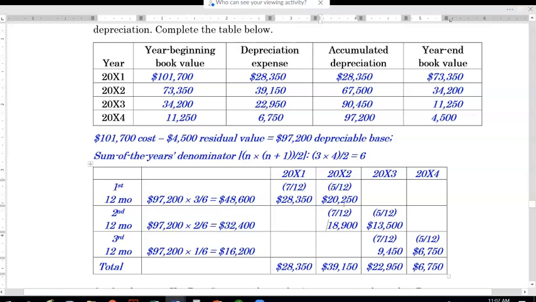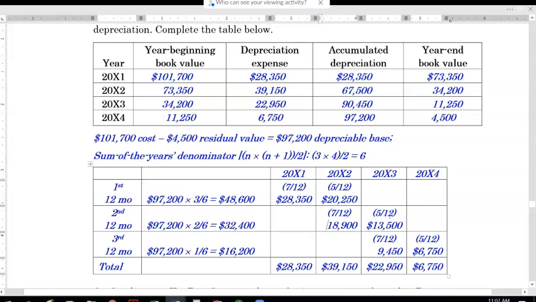And then we add them up, ends up to be 39,150. So you see this sum of the years digits is a little bit complicated, and you can kind of see why it is not a favorable, common type of depreciation used in businesses, because it is adding to the complication of everything else that we already have in our life.